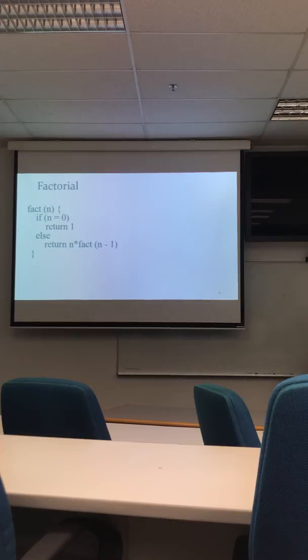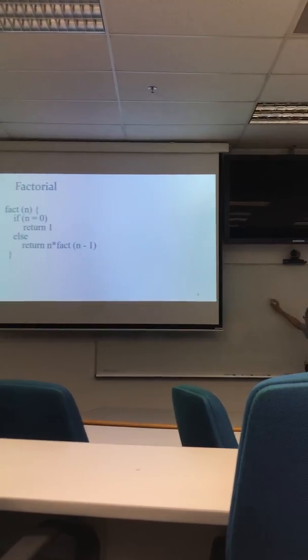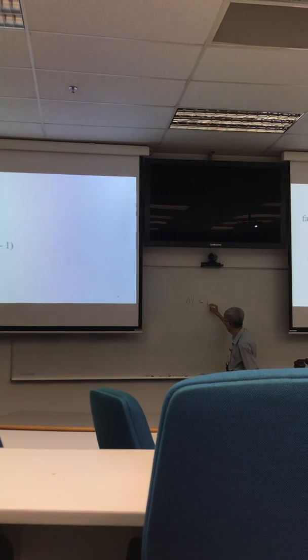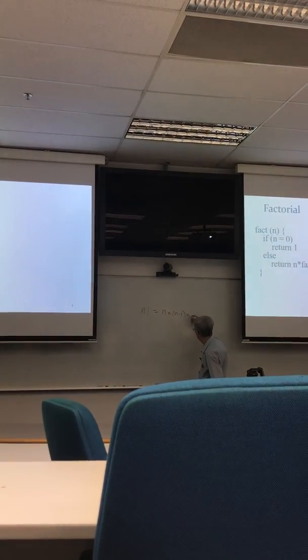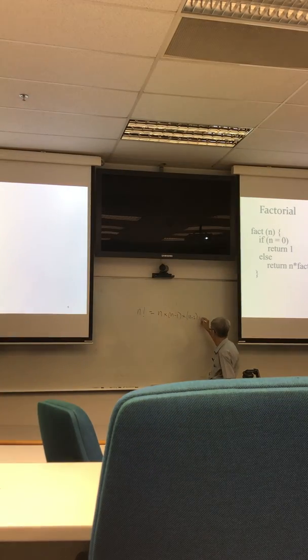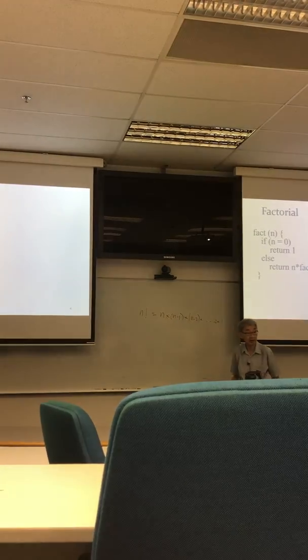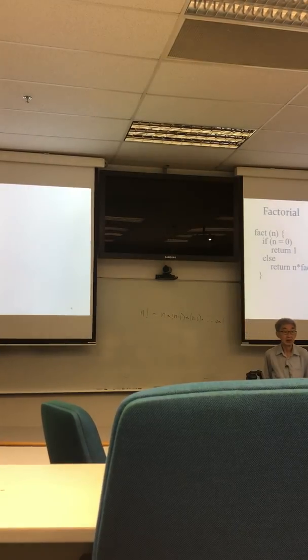Now assuming that we don't have a calculator, we want to find factorial n. You know n factorial is equal to n times n minus 1 times n minus 2, until 2 times 1, right? This is n factorial.